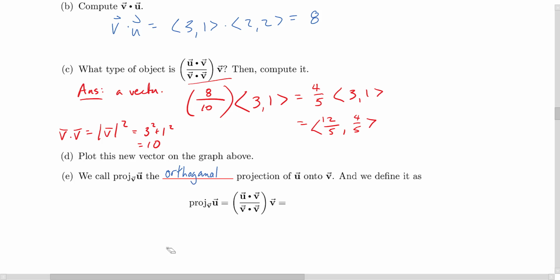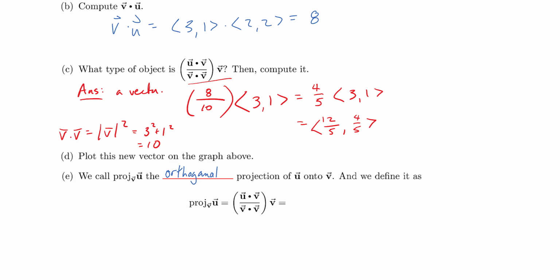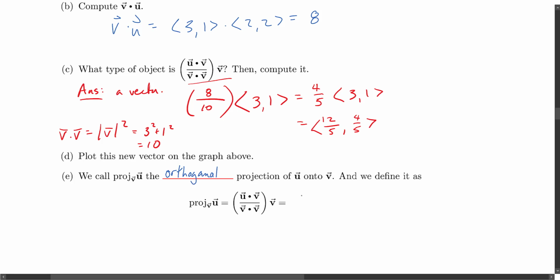So this is the calculation we just did to come up with that orthogonal projection, but I don't think it's entirely clear where all those components come from. So let's rewrite this using the definition of the dot product and a little bit more of what we know. The dot product of u and v, as we saw in our pre-work and elsewhere, can be computed by taking the magnitude of vector u times the magnitude of vector v times the cosine of the angle between those two vectors.